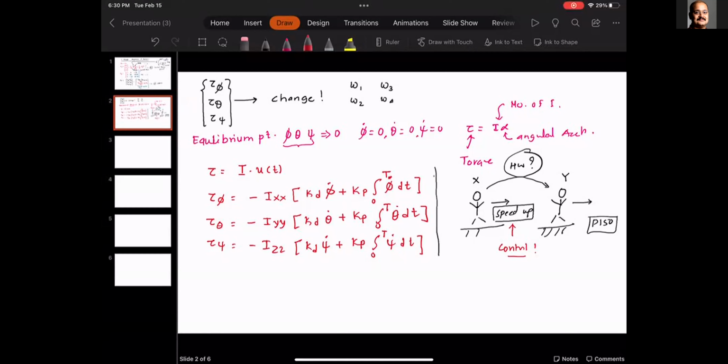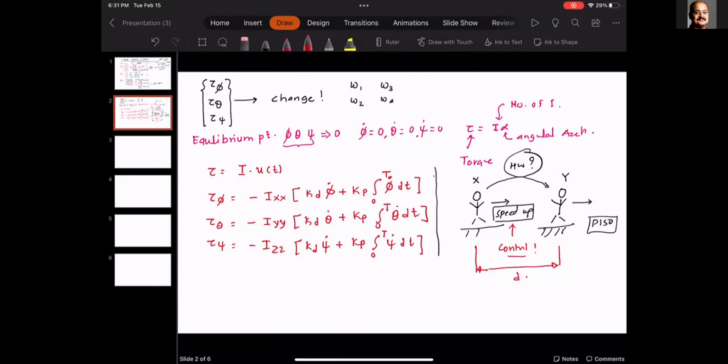So what that means is the input to the controller, whether the person X should speed up or slow down, depends upon the relative distance between these two. So this is the basic proportional controller.